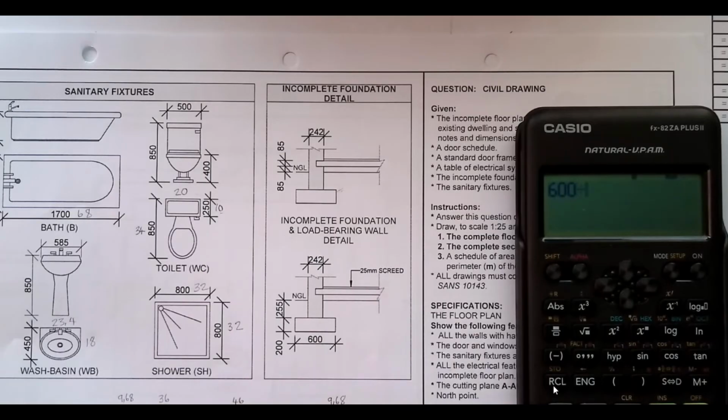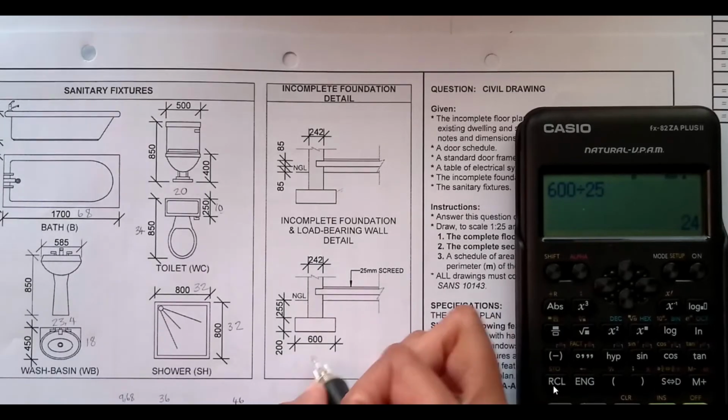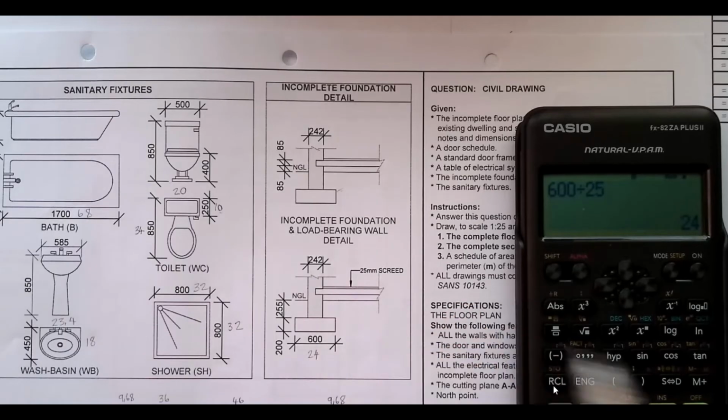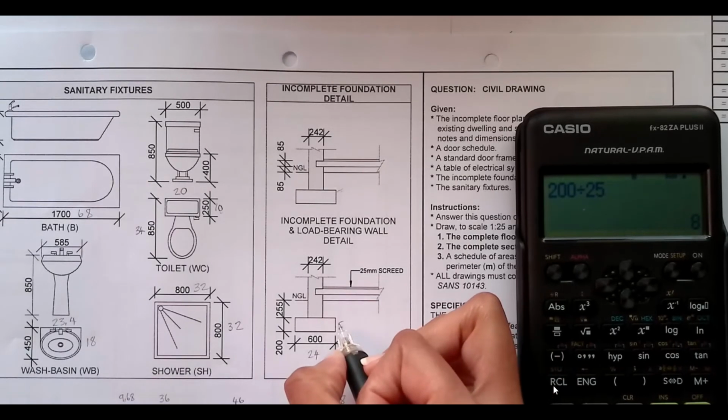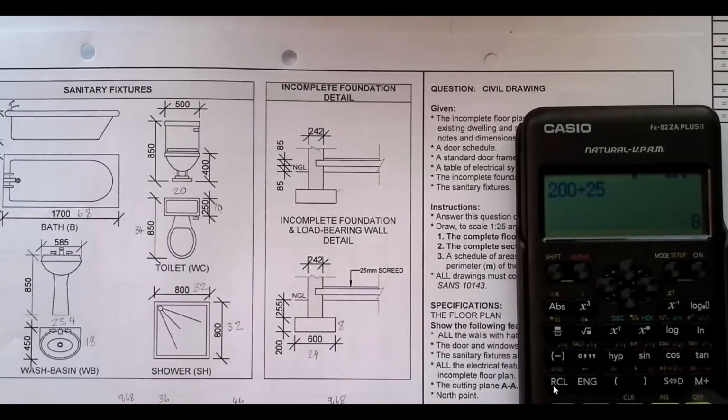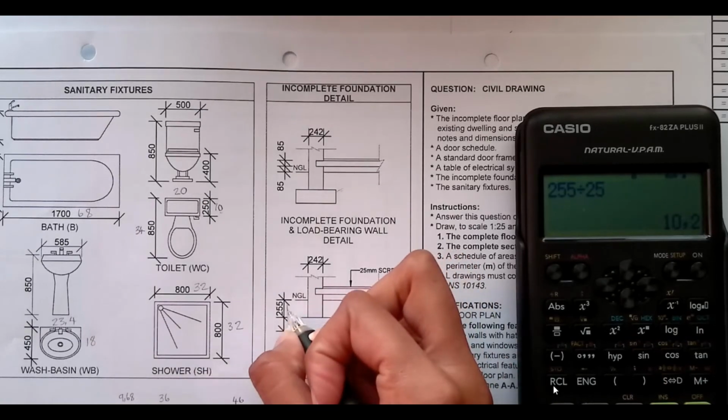So we'll have 600. So it's 24 by 200 divided by 25. So this is 8,255 to the natural ground level from the concrete.